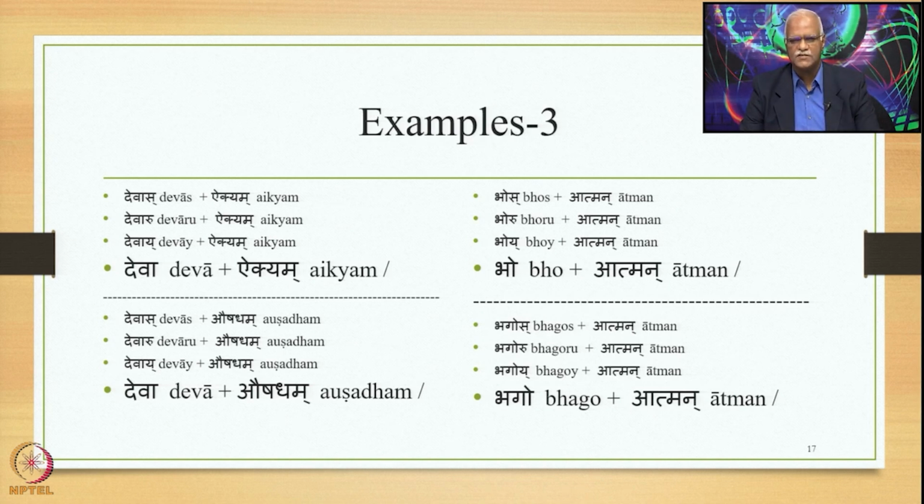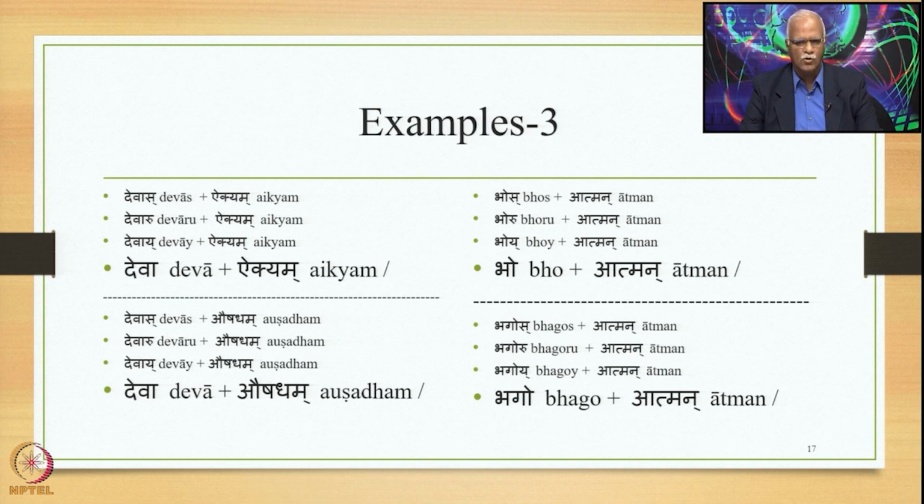Similarly, bhos plus atman, and sa gets substituted by ru by ya, and ya is finally optionally deleted. So we have bho atman. Similarly, bhagos plus atman, and sa is substituted by ru by ya, and then ya is optionally deleted.